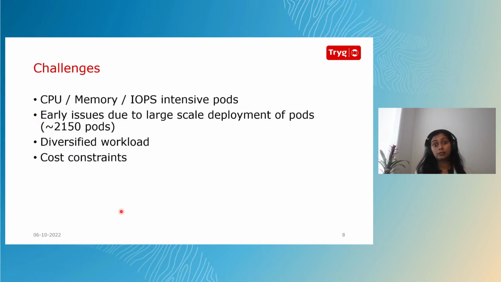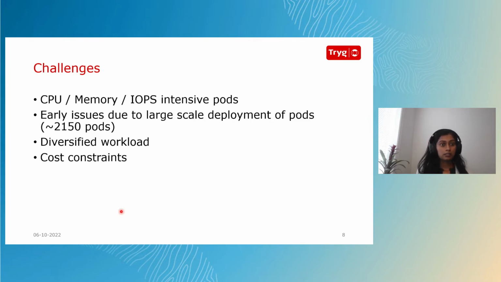When we did this, we had a lot of challenges facing us. One of which is we realized that our applications work differently. One group of applications was CPU intensive, the other was memory intensive, and a few others were performance intensive. So we could not bring them all under the same umbrella and deploy them on the same underlying host.